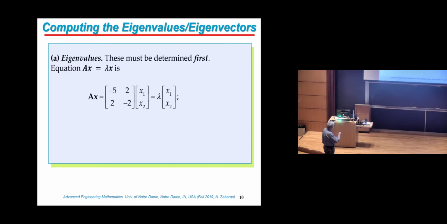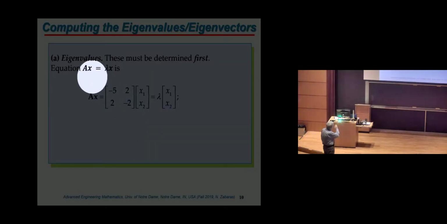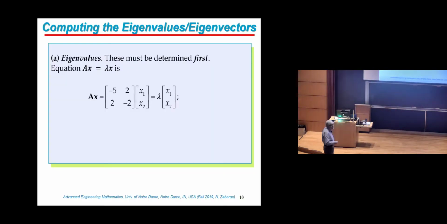If you rearrange this, you can write (A minus lambda I) times x equals 0. What type of problem does this matrix times x equals 0 remind you of? How do we call the null space?